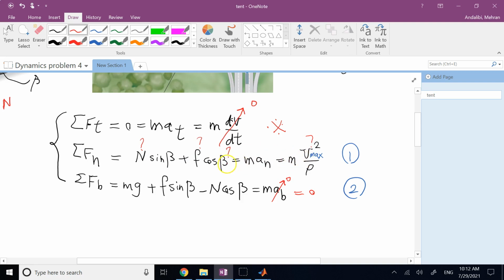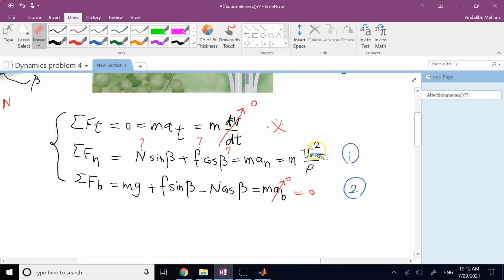But since I need to find one as a function of the other and not find all of them as a separate number, I really cannot say beta and Vmax are both unknown, because if Vmax is a given parameter, then beta is the unknown. So Vmax should not really be counted as an unknown, okay? So Vmax is a given parameter as well as mu s and rho. So I have 3 unknowns here, n, f, and beta, still not enough. I need one more equation.